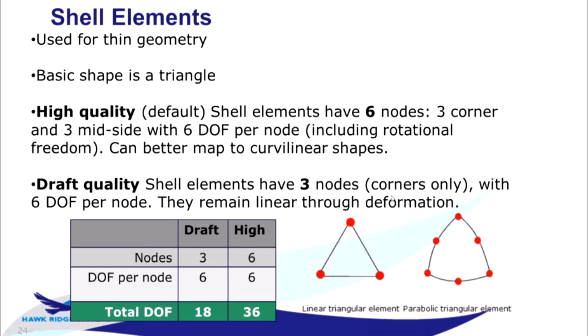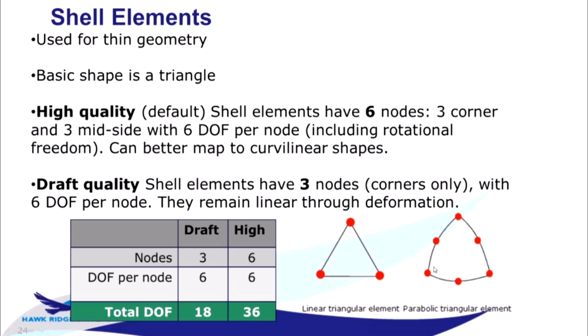If we look at thin geometry, when we do a shell mesh, the key difference is we don't mesh through the thickness. We treat that sheet metal or plate or shell, whatever it is, as a 2D surface. And again, we have options for first and second order elements. Second order is the default.